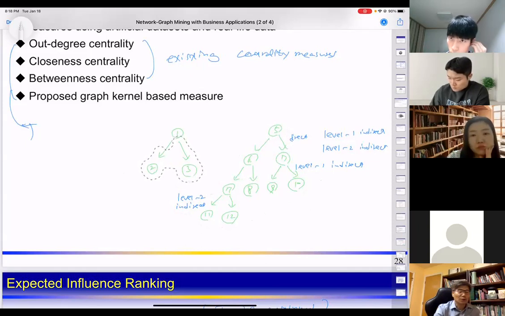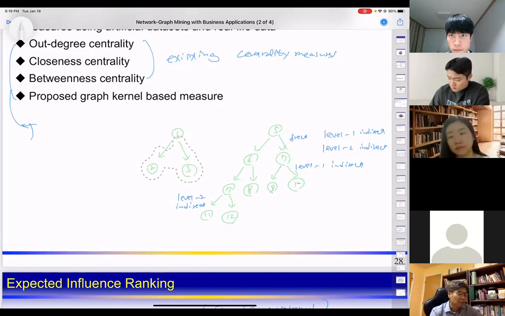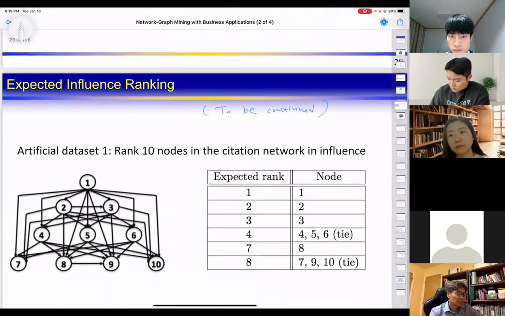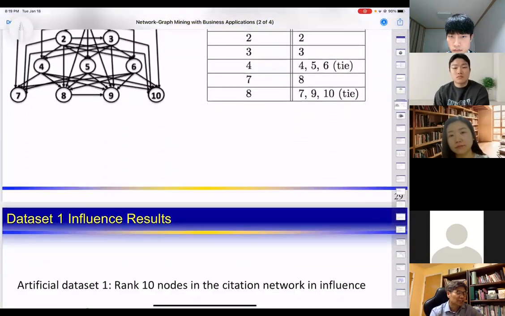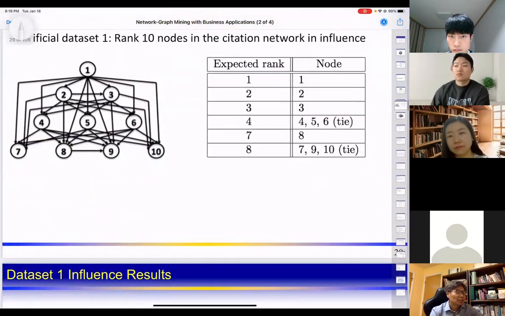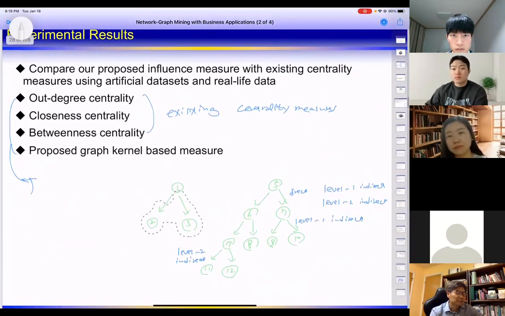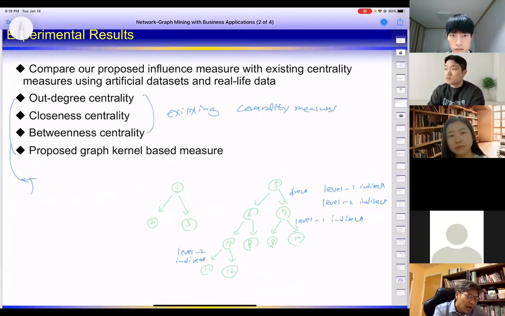Okay. So this graph kernel has very interesting properties. You guys may study graph kernels. They systematically consider many indirect citations. In graphs also, how to measure similarity between two nodes is an important topic in graph problems.